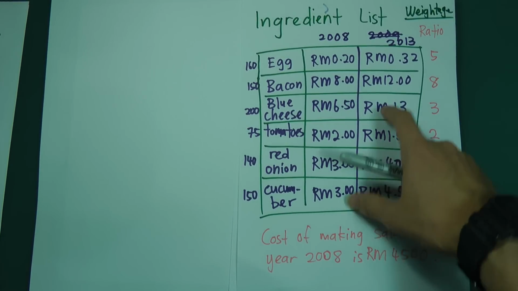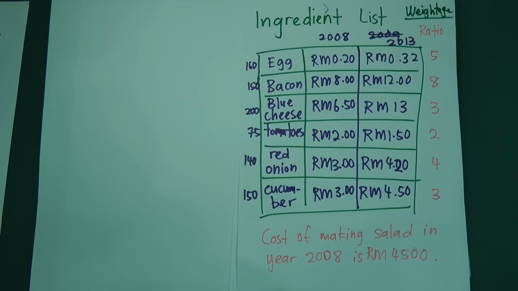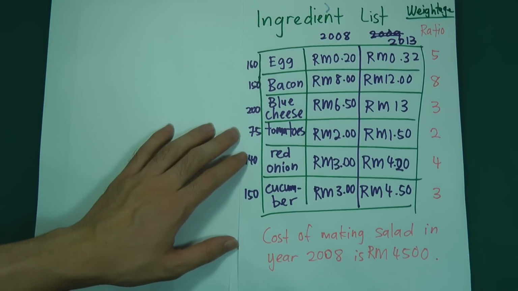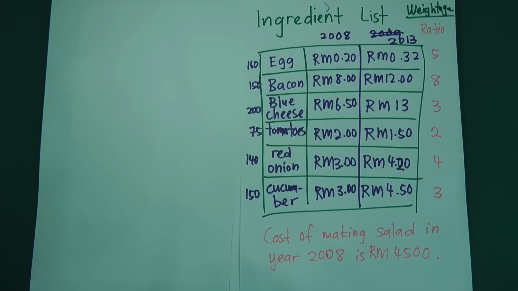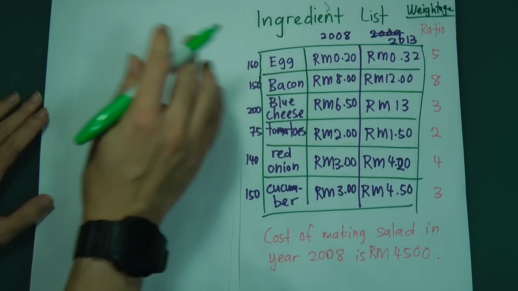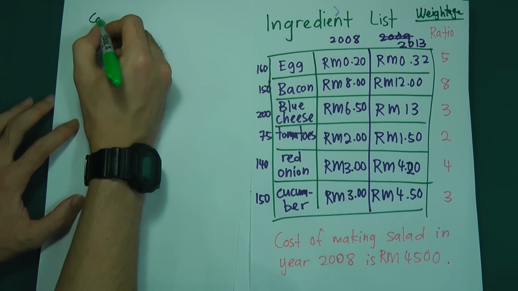So this is what we call weightage. So the ratio over here is the weightage. Okay, if you understand this, then let's calculate how much the cost increased in year 2013. So we must know the formula for composite index.